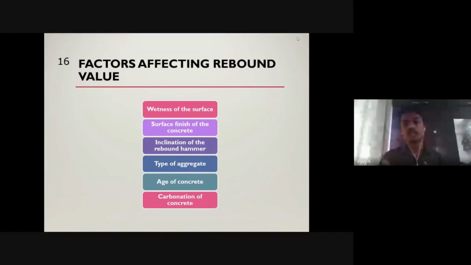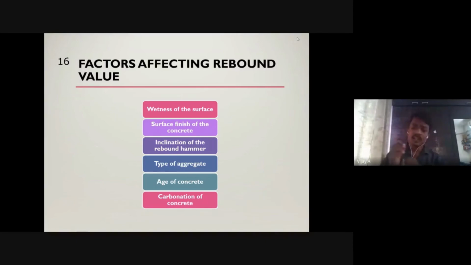Okay, that is why in the previous slide I told you that the surface should be very clean and smooth, because if there are any undulations or any small honeycomb-like structure, you cannot use your rebound hammer. If you use it, it may give results with greater than plus or minus 40% variation.